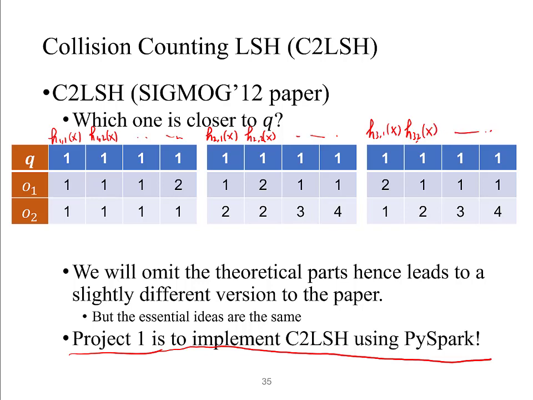These are the hash values of Q, and these are the hash values of O1 and O2 respectively. Now, which one is closer to Q, just based on the numbers here?